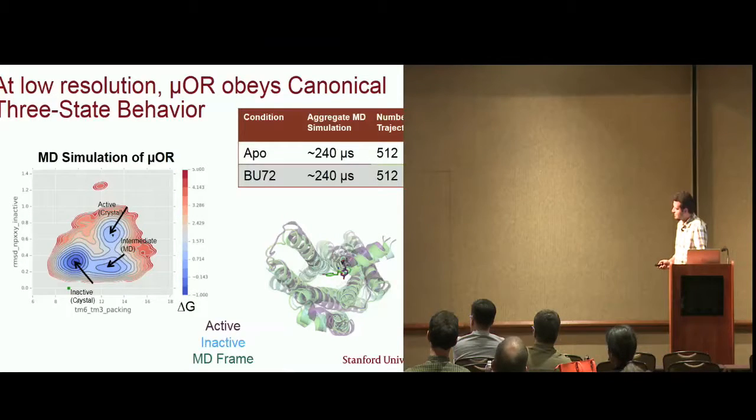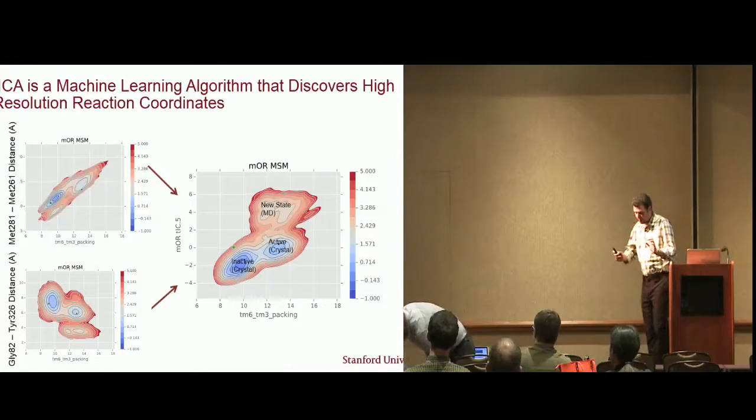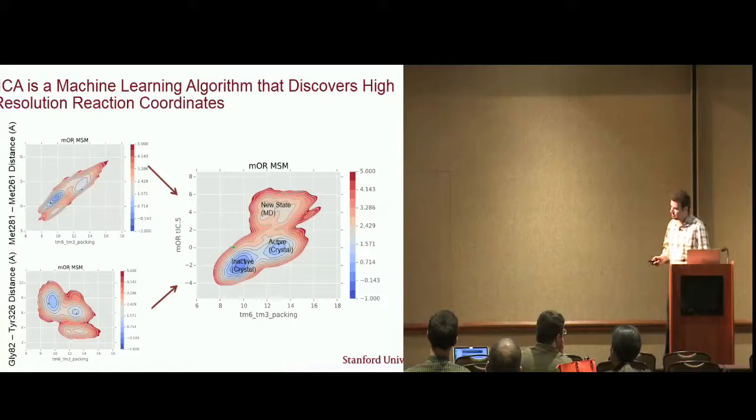And we got very interesting insight toward the canonical three-state behavior, in which when the drug is inside the receptor, we found that there is another state which is modulated before going to the fully active states. So as you can see, TICA is a machine learning algorithm that discovers on the fly what are the important conformational changes, or what are the important reaction coordinates it is moving along.